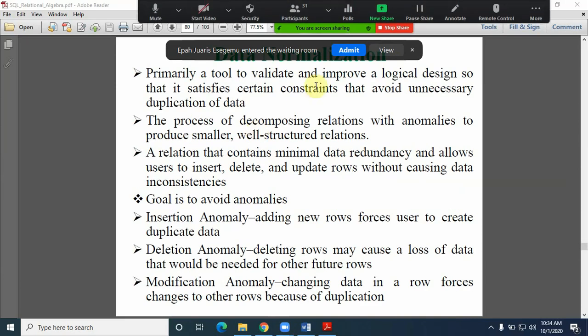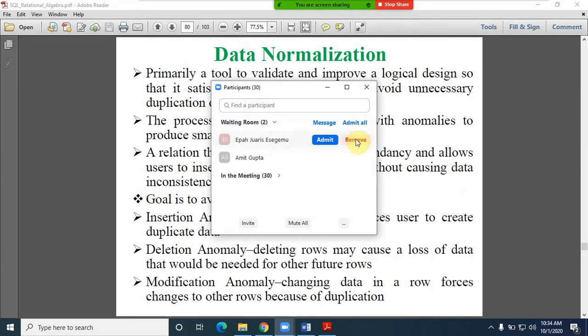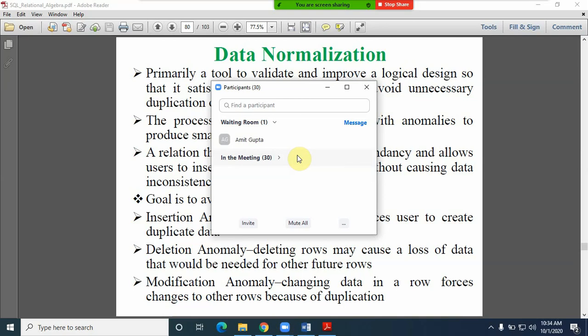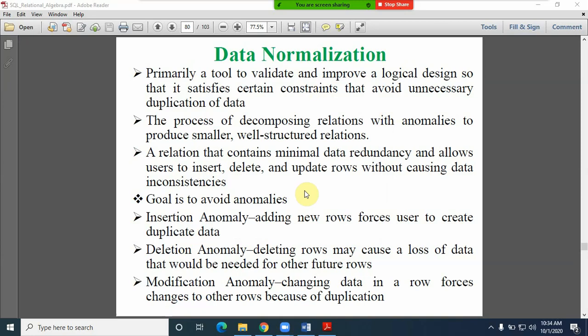These normal forms identify some kind of notations, where you can observe these particular rules and regulations. So with the help of these rules, we can achieve normalization. And the main importance of normalization is to strengthen the logical design, as well as remove unnecessary duplicate data, and decompose the relations.